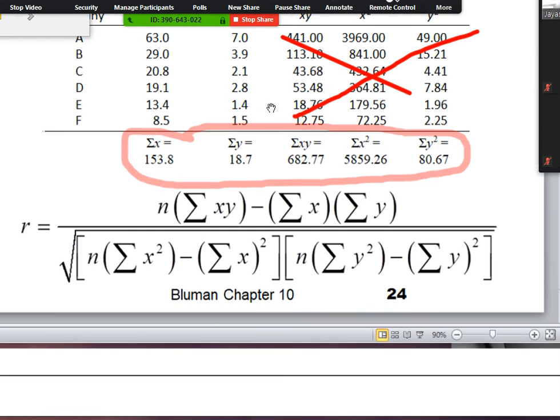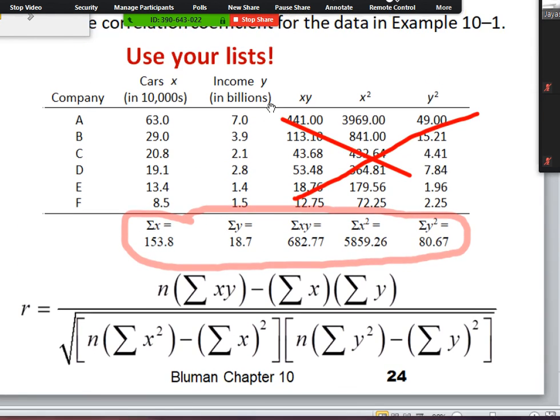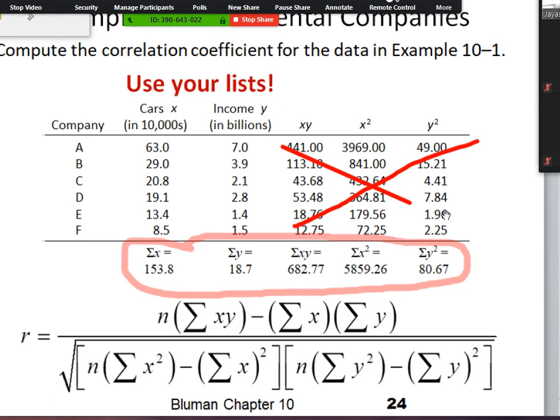So again, we don't need this stuff here. You don't need to fill that out. Just use these, write these totals in down here on your sheet. This is on page 2 of the chapter 10 notes at the bottom, the one we're doing together, cars and income. So just write these numbers in along the bottom and then write in your formula and then calculate it.